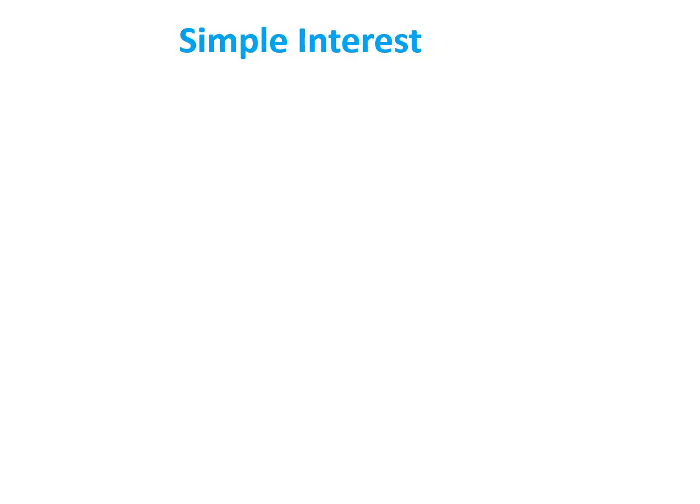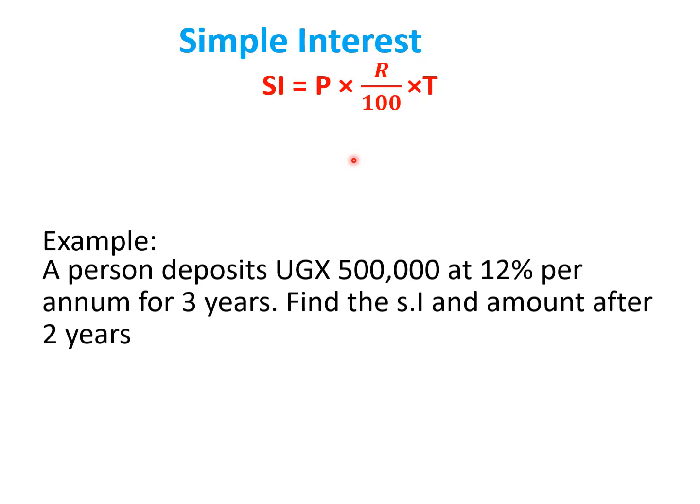So under simple interest, the interest is always uniform. And here the formula for simple interest is equal to principal times rate times time. But here our rate, we say out of 100 and then times time.